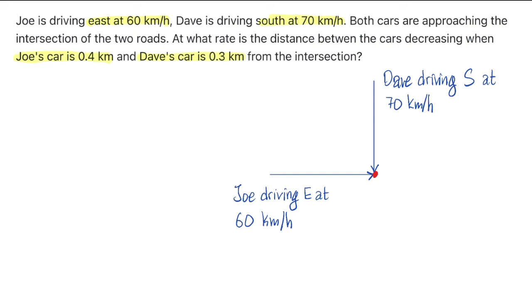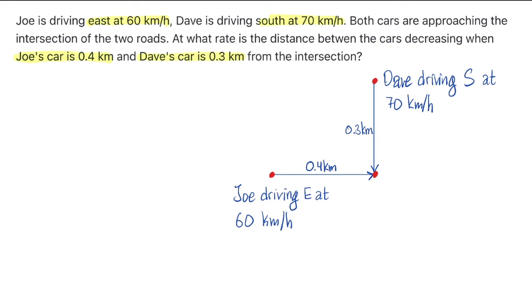If this is where Joe is, the distance there is 0.4 kilometers. And if Dave is there, the distance to that intersection from Dave is 0.3 kilometers. These distances are decreasing because they're approaching the intersection.